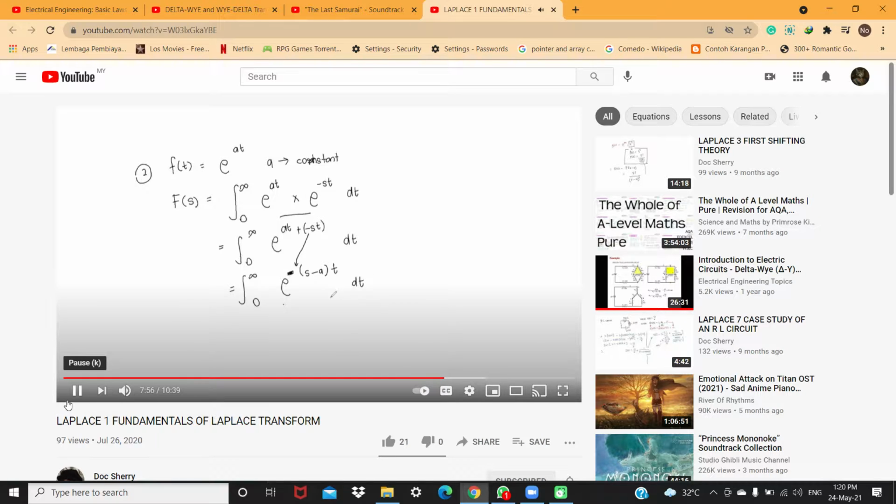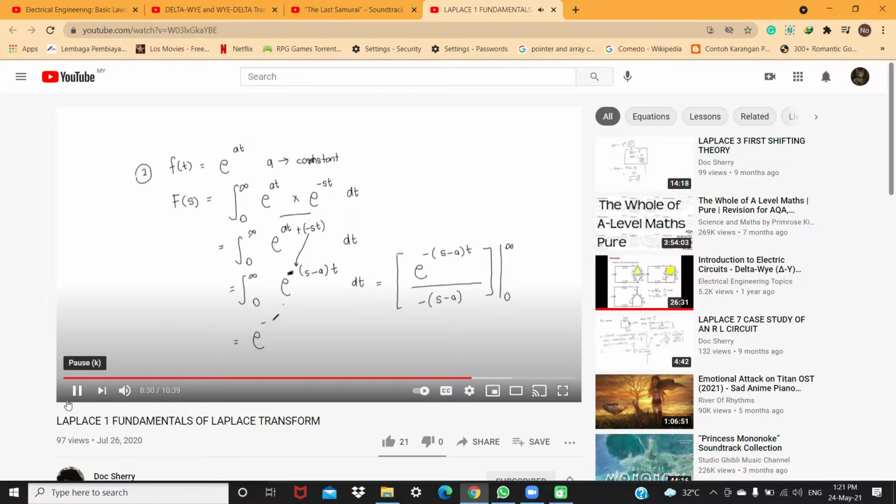So this is your function in the form of exponential decay, and you will get the result, which is exponential to the power of minus in bracket s minus a times t, over s minus a in bracket, don't forget your negative here, and it should vary from the limits, from 0 to infinity. Now let's just substitute the value.